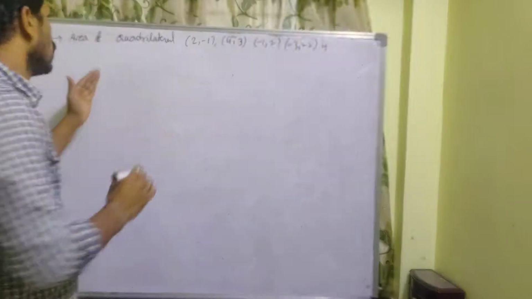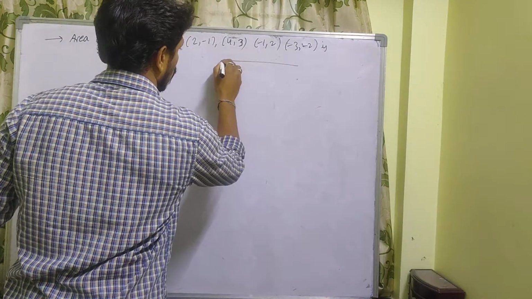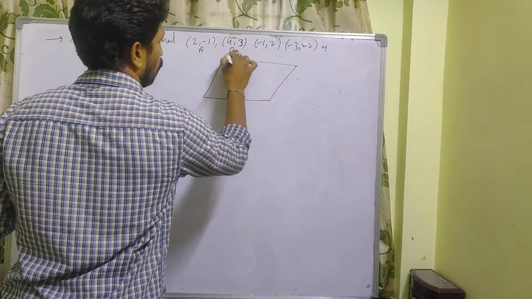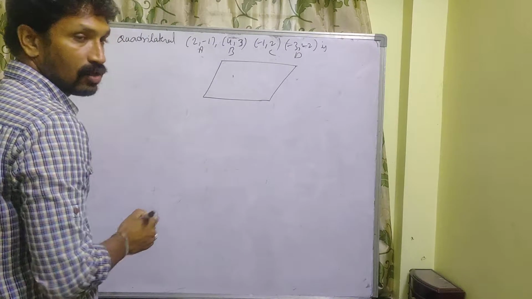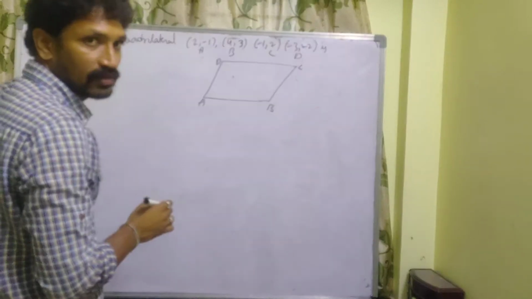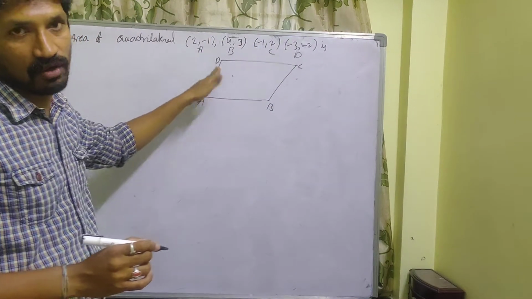Yes. This problem we can do in 3 ways. First you take the points in a particular order. Take A, B, C, D. If you write like this, you can do it in 2 ways. One is directly the quadrilateral formula.